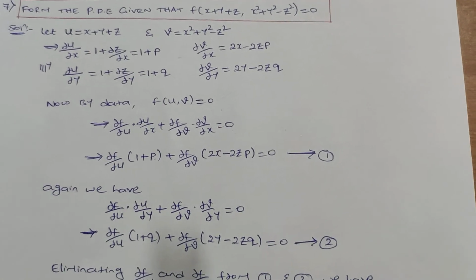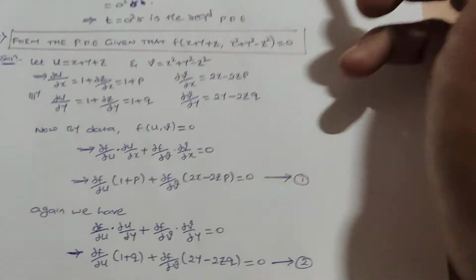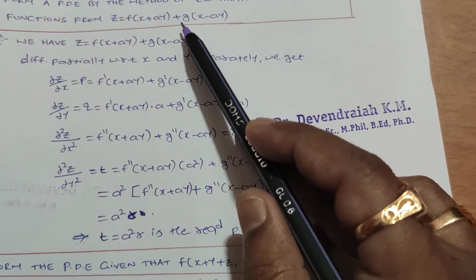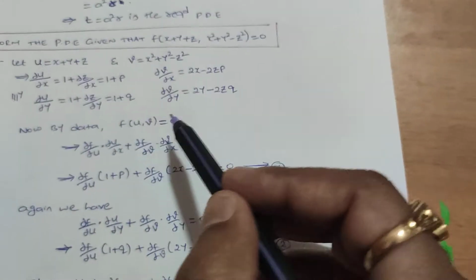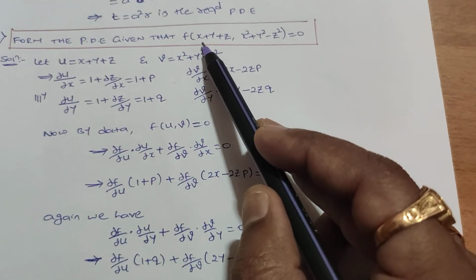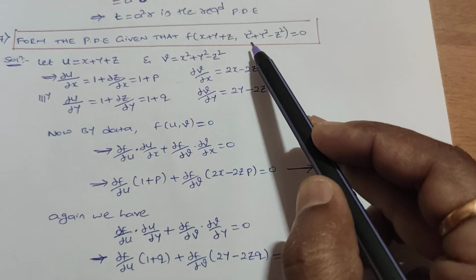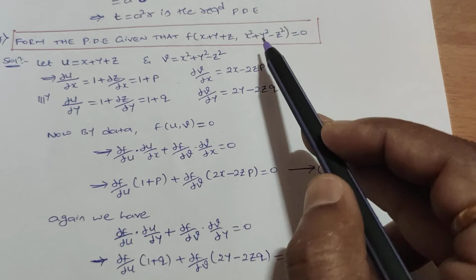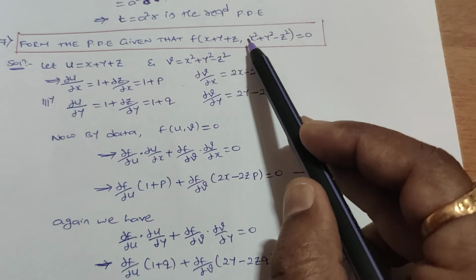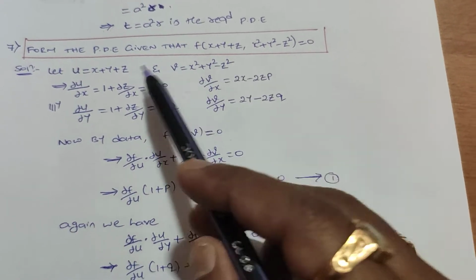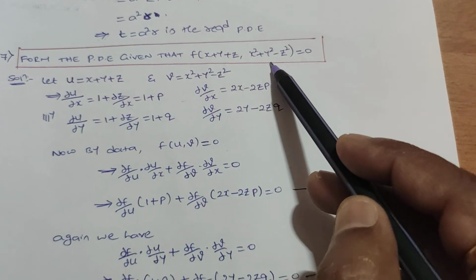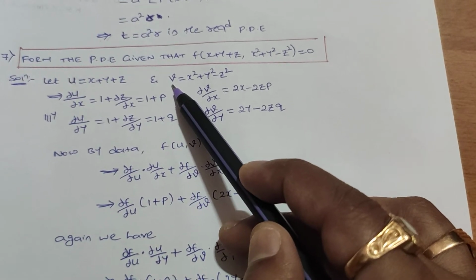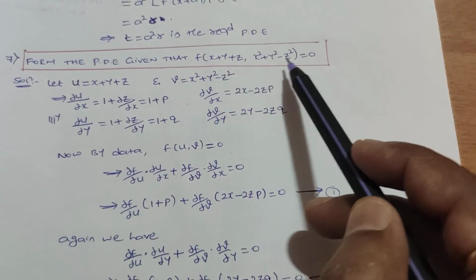In the previous problems, we were observing equations of the type z equals. Here we observe a question related to f(x+y+z, x²+y²−z²) = 0. In solving this type of example, we assume x+y+z as u and x²+y²−z² as v. That is the point we require to remember whenever the problem is of this type.